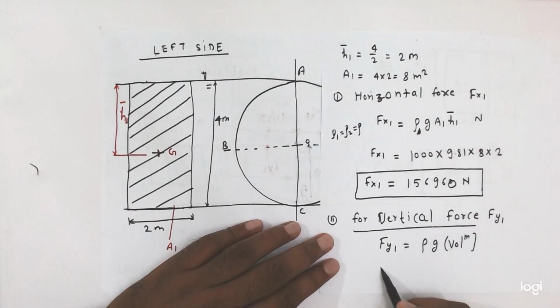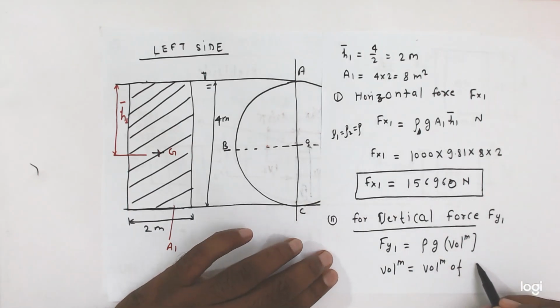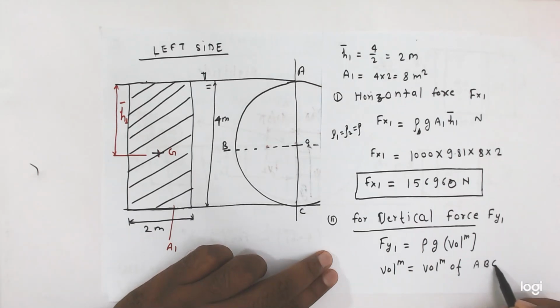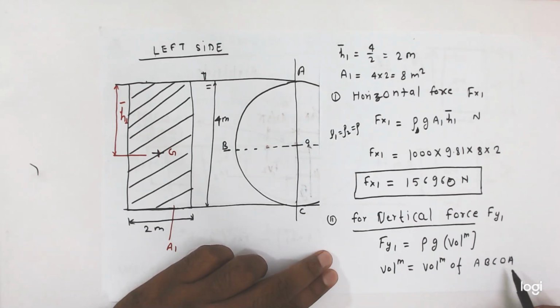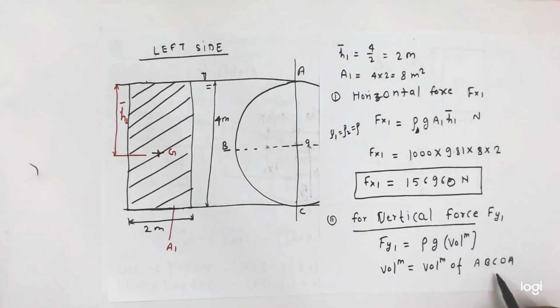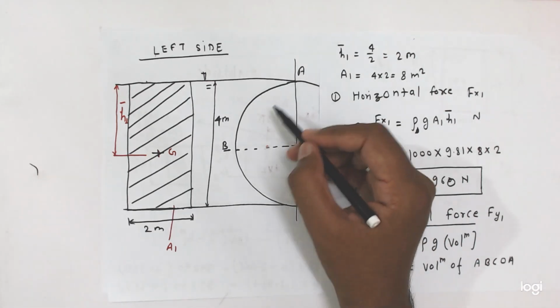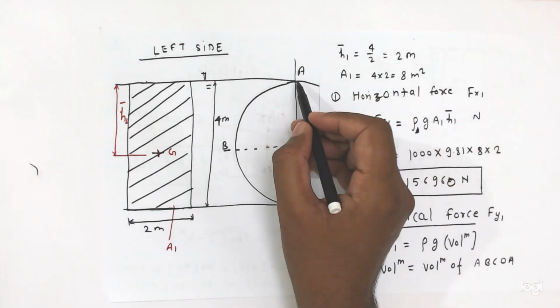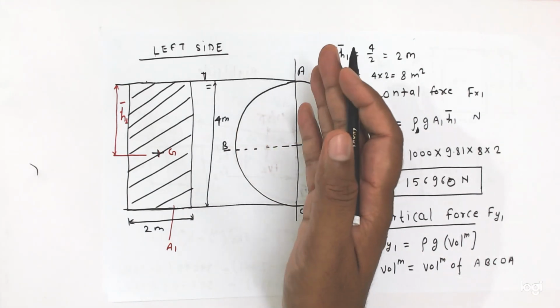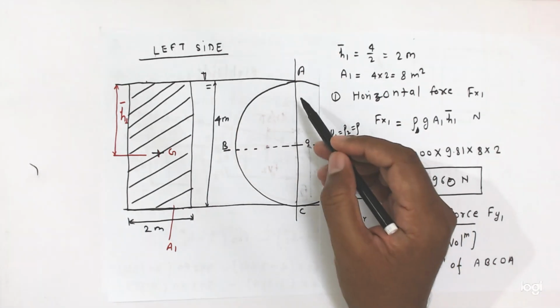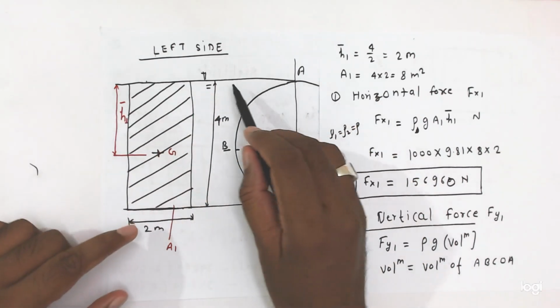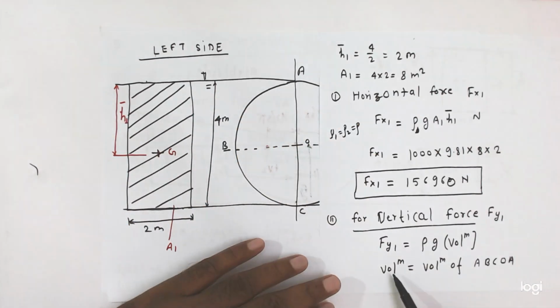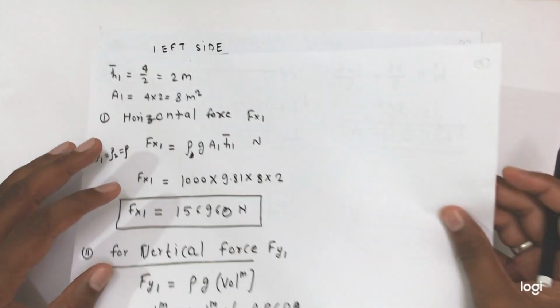This volume is equal to volume of which part? A, B, C, O, A, because only this part A, B, C, O, A, up to this water level is there. So left side only this volume is calculated, because up to this water level is there. Okay, friends. So volume we will consider only this.